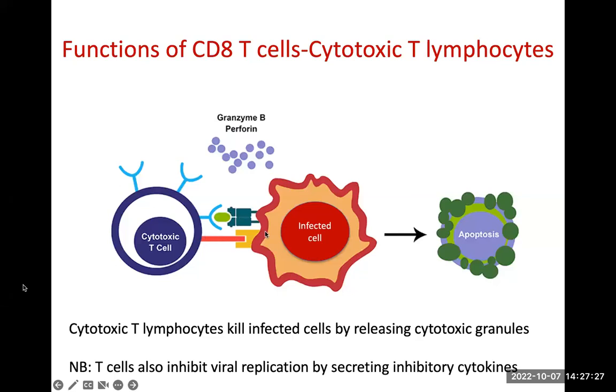Once CD8 T cells get activated, we call them cytotoxic T lymphocytes, because their work is to kill infected cells. This is a CD8 T cell that has been activated through the process we just saw in the previous slide. It goes looking for any cells that are presenting the same peptides.